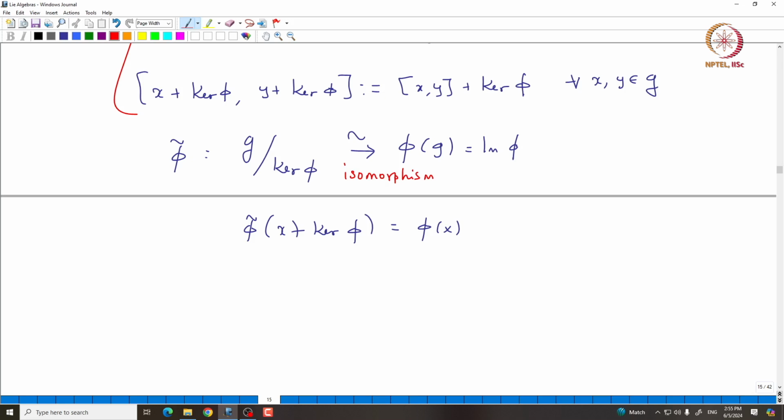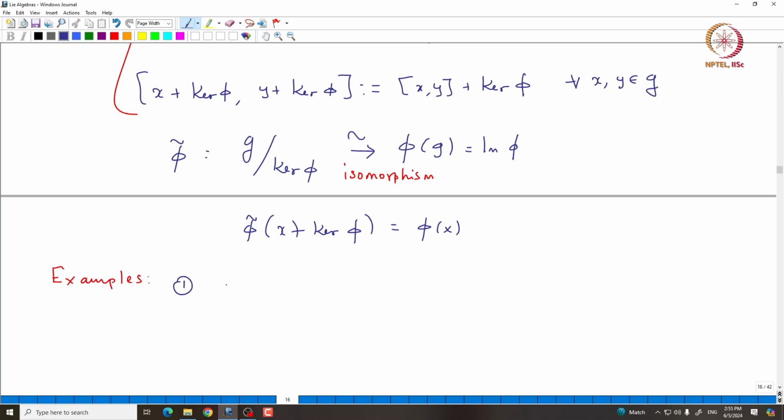Now, if we take for example, any one dimensional Lie algebra, that must be abelian, that we have already seen.